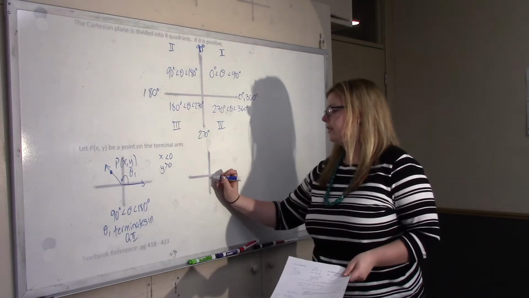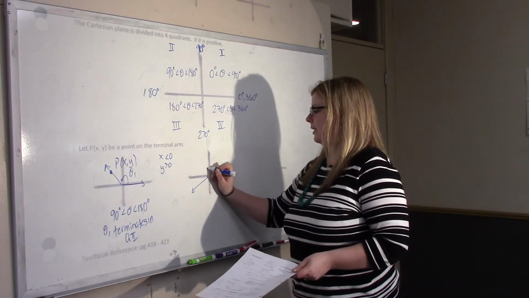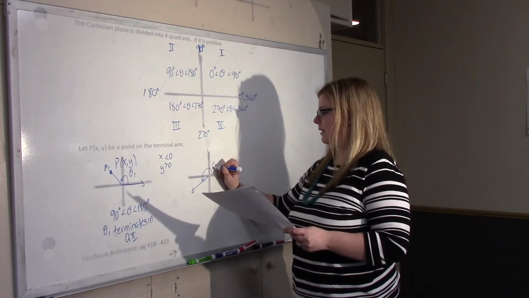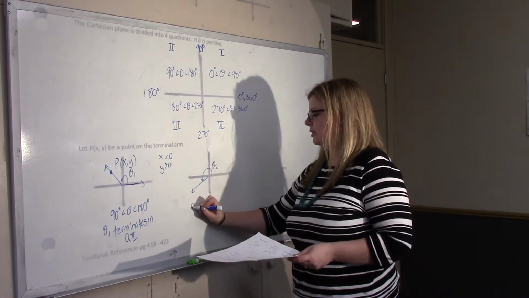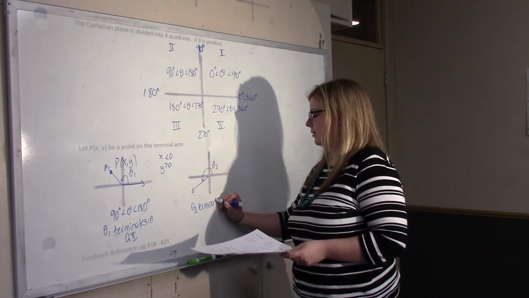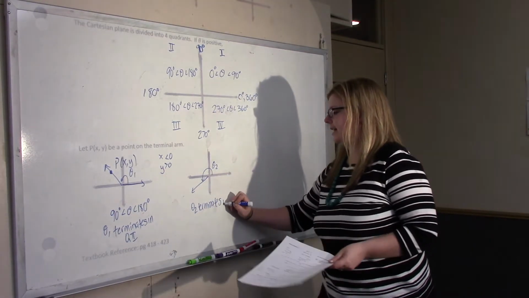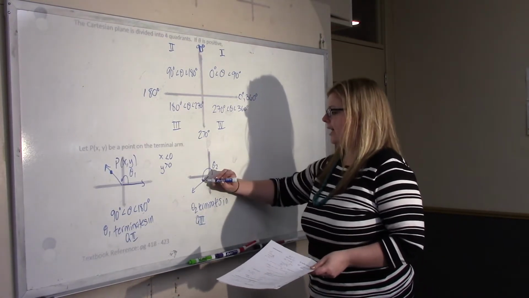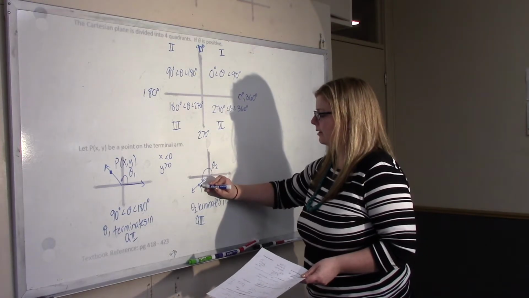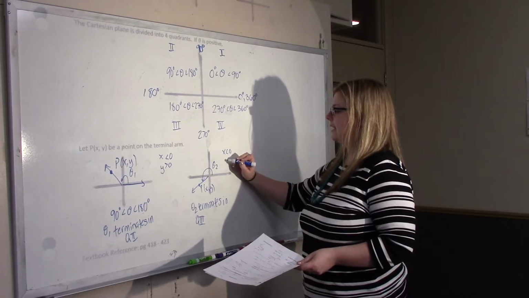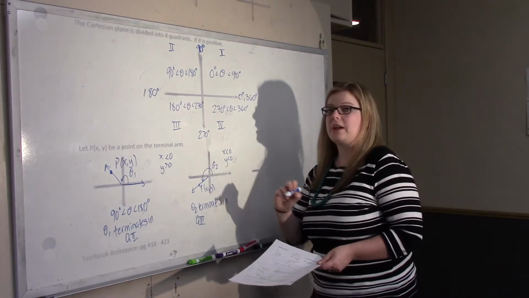So for quadrant 3, you would say theta 2 terminates in quadrant 3. Okay, and you could draw a point anywhere, label it x, y, and in this quadrant, your x is negative and your y is negative, your x value and your y value.